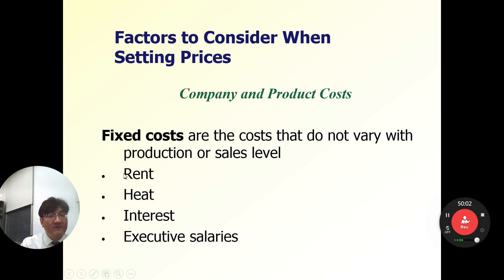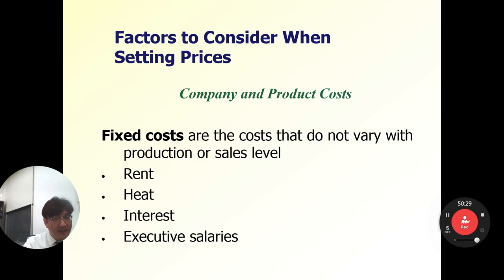For example, rent. Suppose you rent a factory. It doesn't matter whether you make 100 units in that factory or 1,000 units; your rent does not vary with your production level.